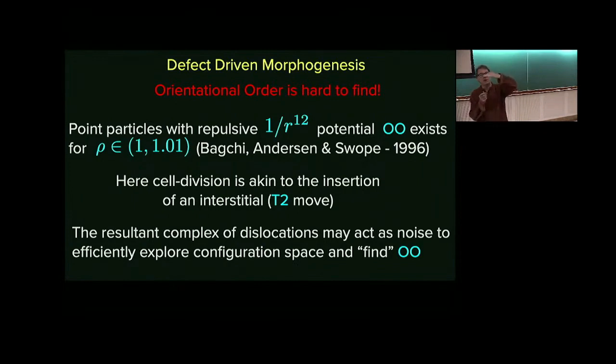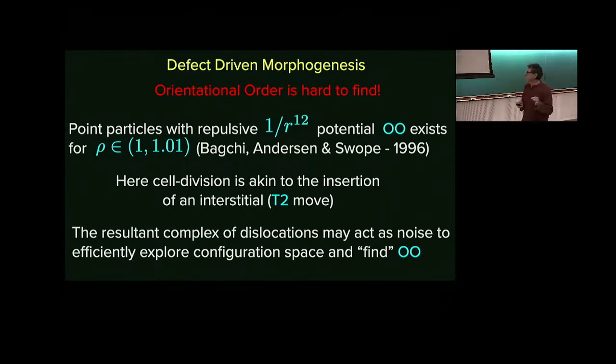One is the bond flip, which preserves the number of vertices, just a flip of a diagonal from this way to this way. But the other one is node insertion. So you put a point in the middle of a triangle and then retriangulate. That's known as the T2 move. Both of them are ergodic in the space of triangulations, but if you have both, it's a very efficient way to move through the space of all triangulations.